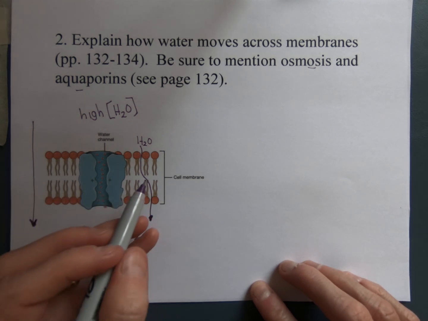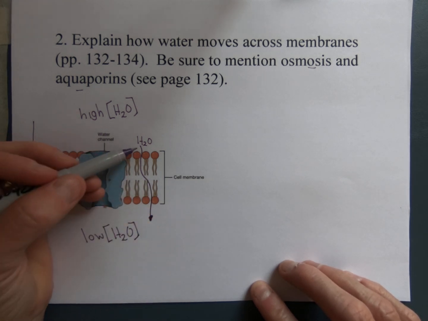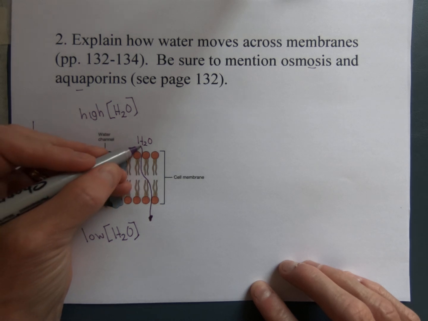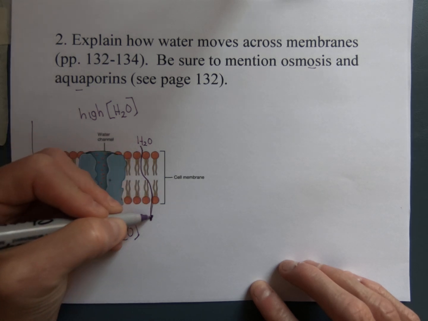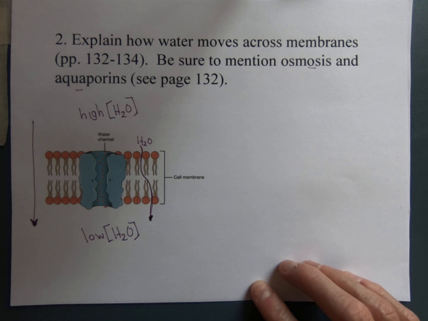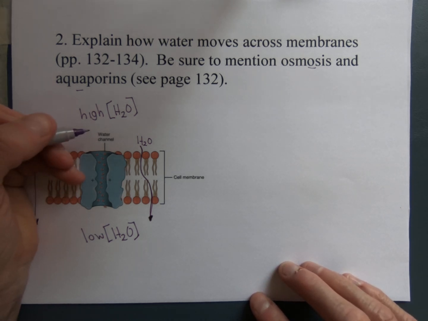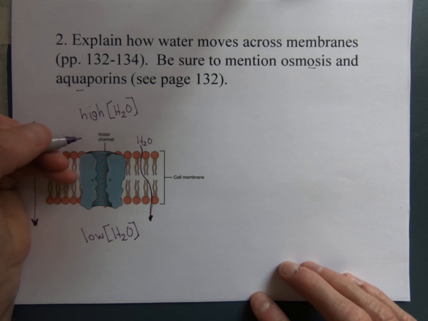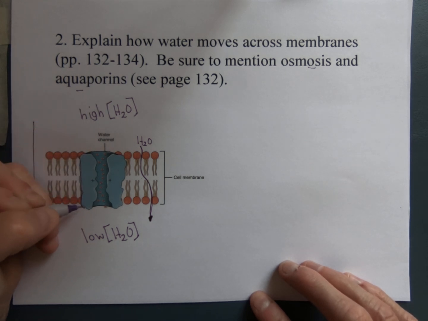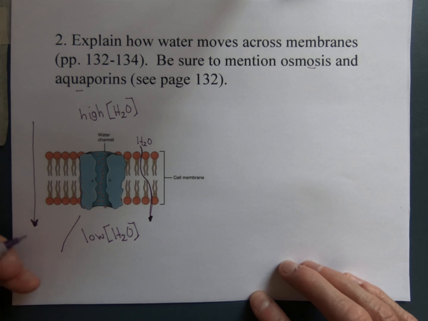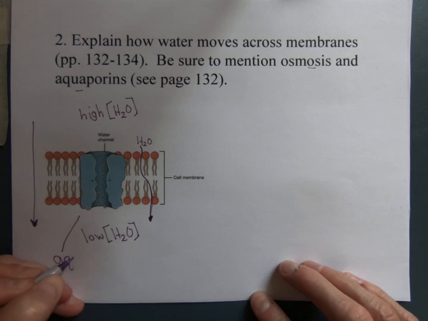Water hating or water fearing. But water molecules are small enough so that they can slowly pass across the membrane by what we call simple diffusion. And to speed up the movement of water across membranes, there are protein helpers or channels called aquaporins.